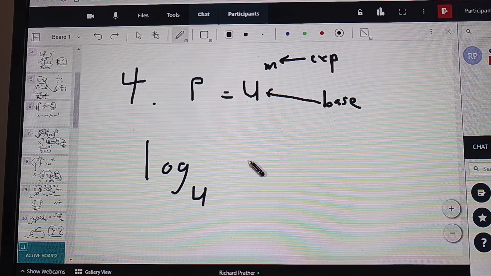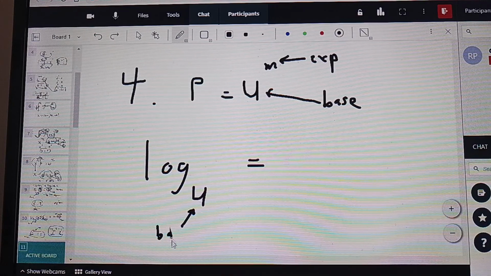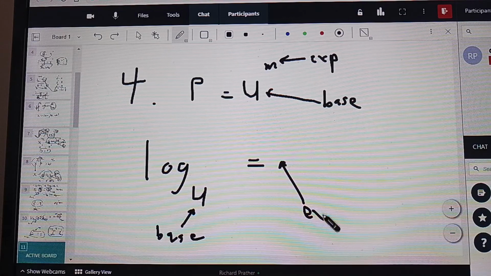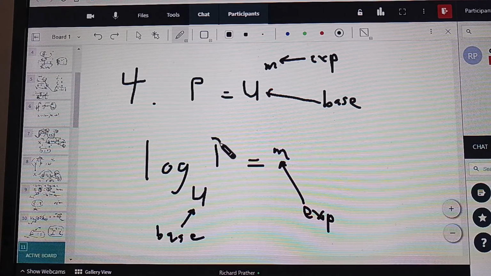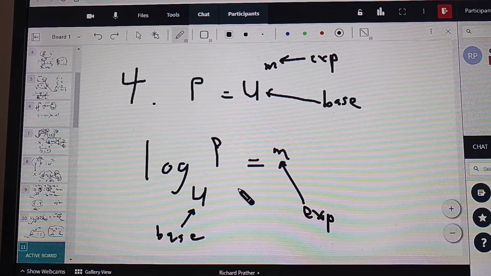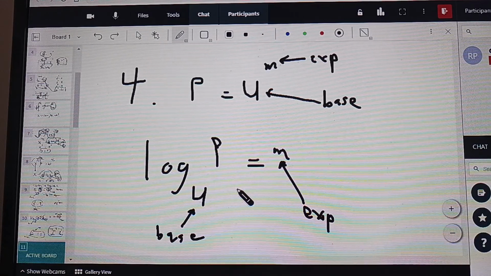A log is an exponent, so this was the base. The equals part in a log is the exponent, which is m. And then I haven't used p yet, so that's the last slot. So you don't even have to know all 3 slots. You just get the base and the exponent, and whatever's left over by process of elimination is the last one.